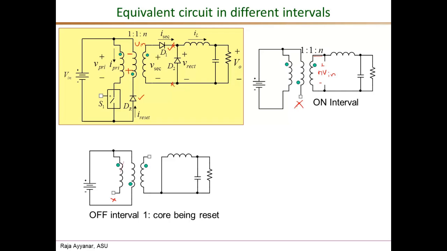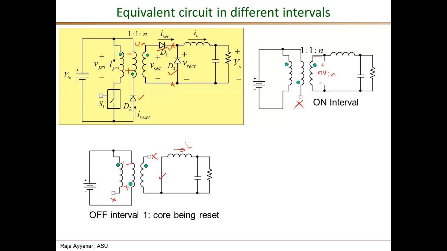During this period, it is the reset winding that decides the winding voltages, and again we can see that the dotted end is negative with respect to the undotted end. The dot is connected to the negative end of the input source, and the undotted end is connected to the positive end, so all the winding voltages are negative. Therefore, the diode D1 is reverse biased and open circuited, and the current in the inductor IL would force the freewheeling diode D2 to conduct, and that is shown as a short circuit here.